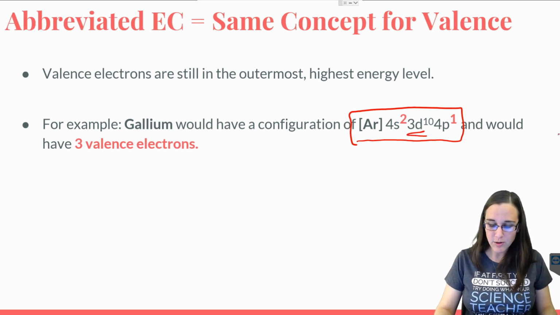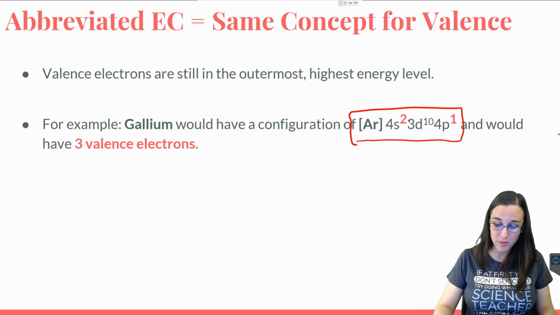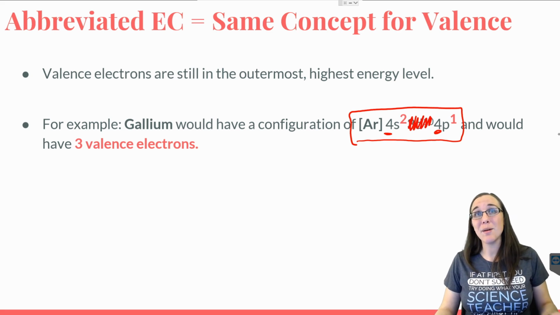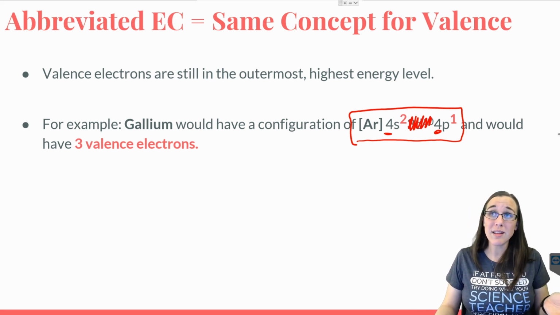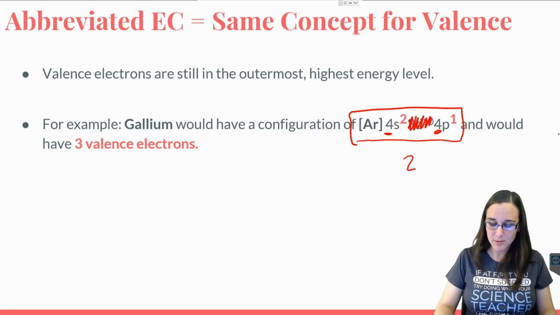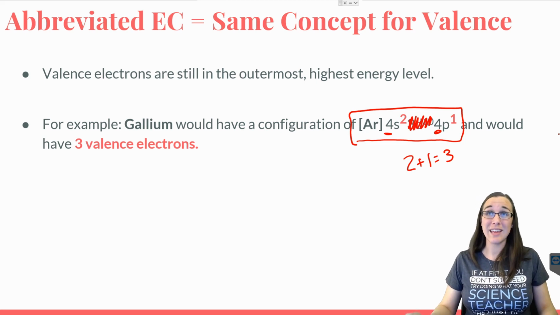Even though there's a 3D in the middle of it, we don't care about the 3D because we have a bigger number here. We have a 4. So we're only going to add up electrons from the 4 level, which is higher than the 3 level. So in that case, we would still have our 2 plus 1 giving us a valence of 3 for gallium.